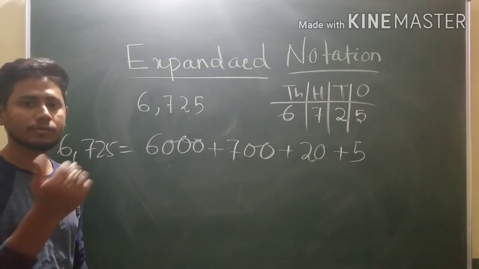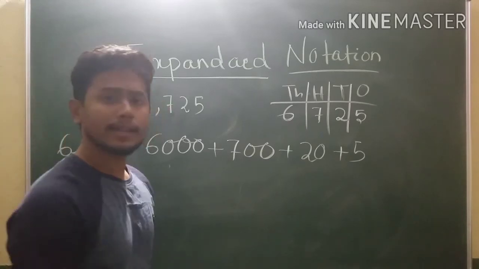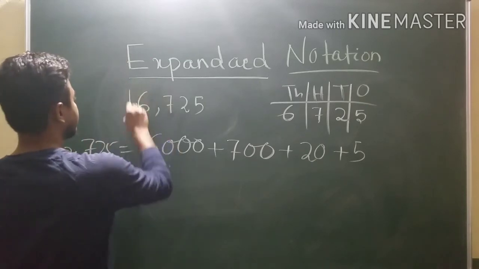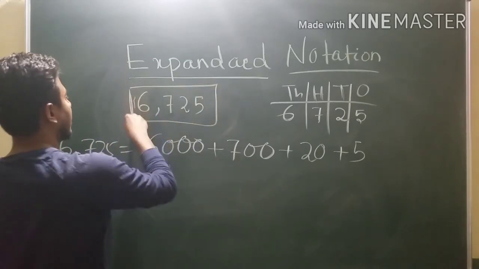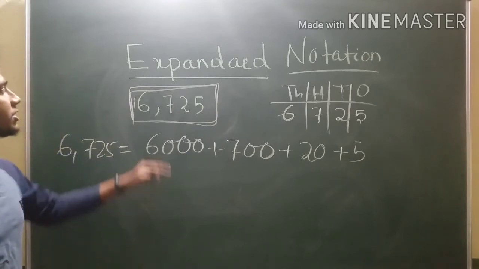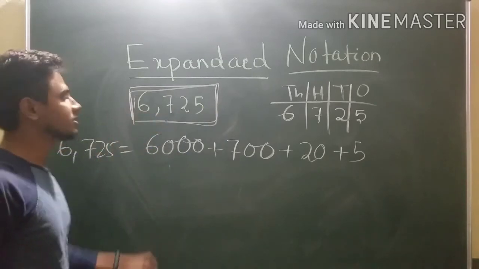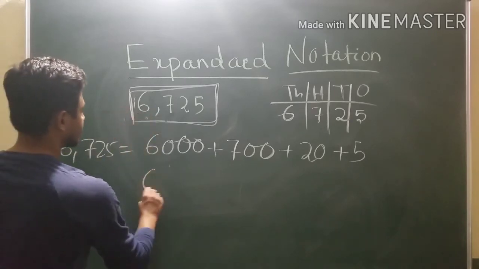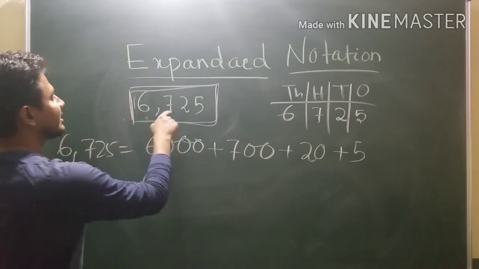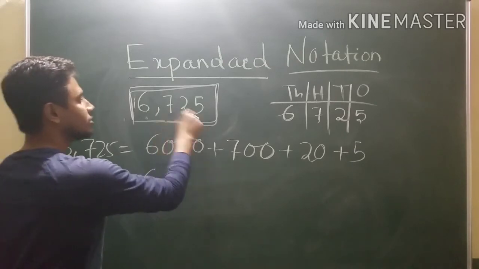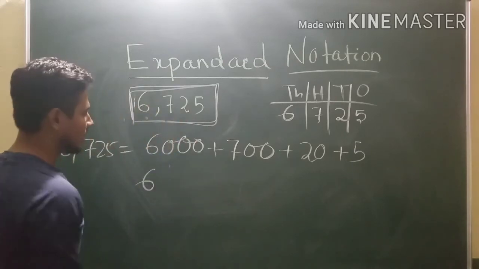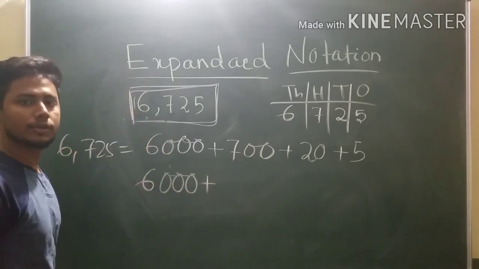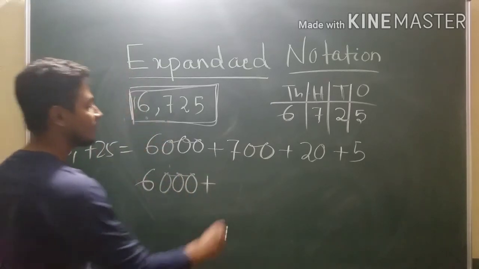So another method is there. You can see here. See this number properly. We have to find now the expanded notation of 6,725. So first you should start from right side. So first write 6. After 6, how many digits are there? Yes, 1, 2, 3. 3 digits are there. So write 30. Then put plus symbol. Then go to next digit. That is 7.